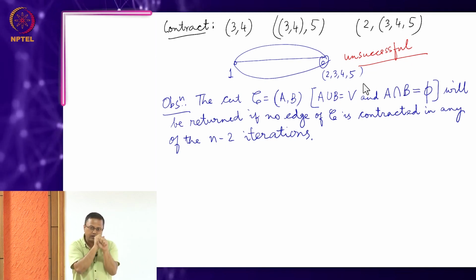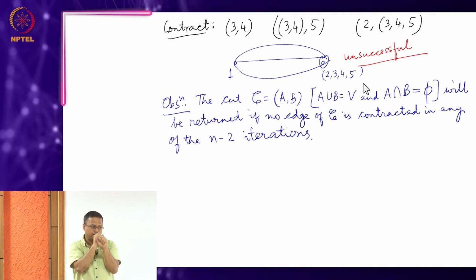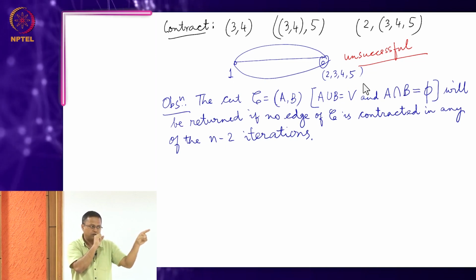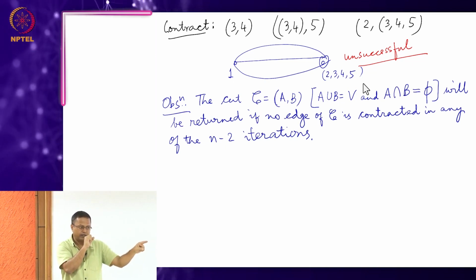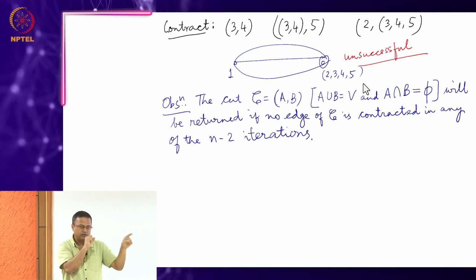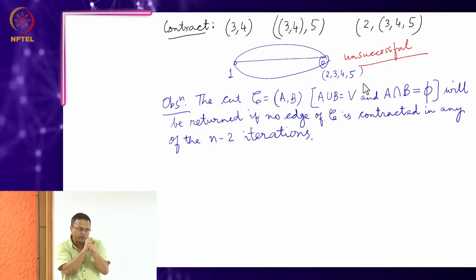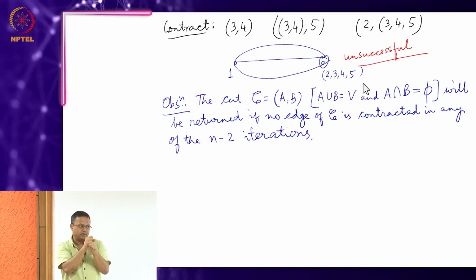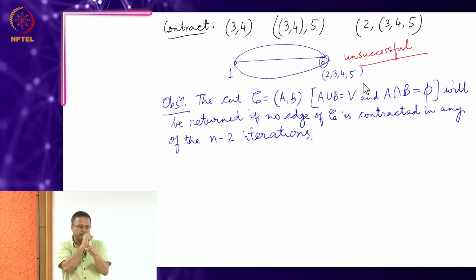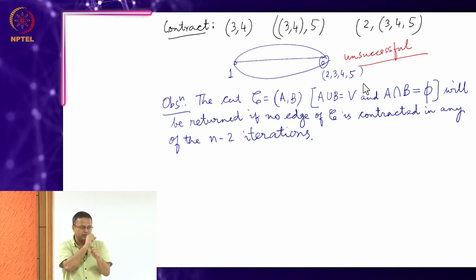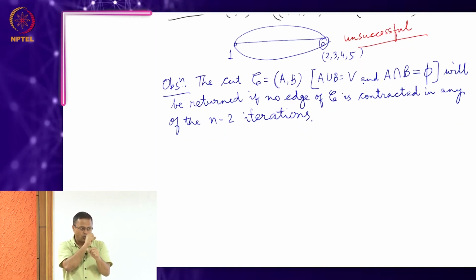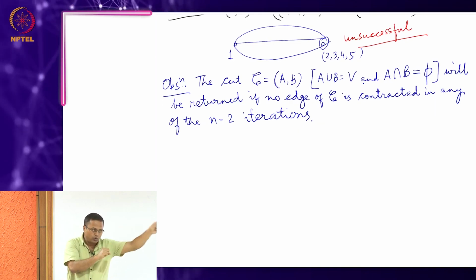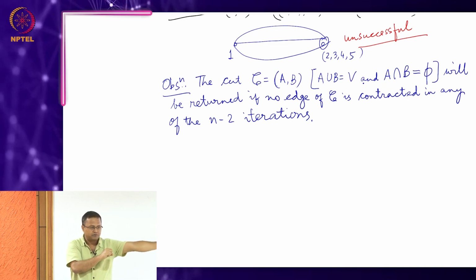In the second iteration, I will be happy if I had not disturbed a min cut edge in the first iteration and not even in the second. So this is a conditional probability. In the second pass, I need the probability that no edge of the min cut was disturbed in the second pass, given that no edge was disturbed in the first pass.